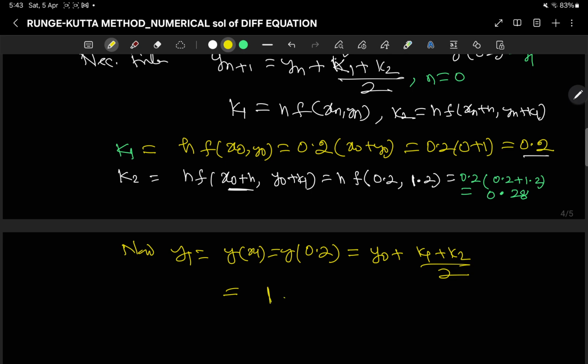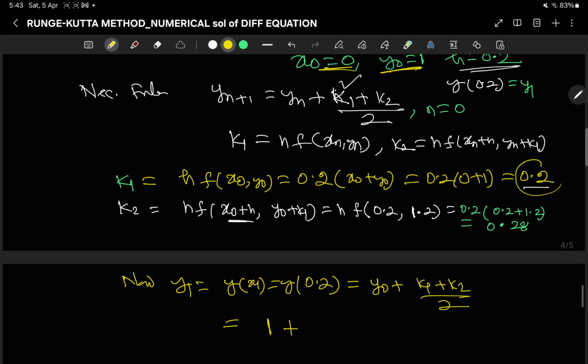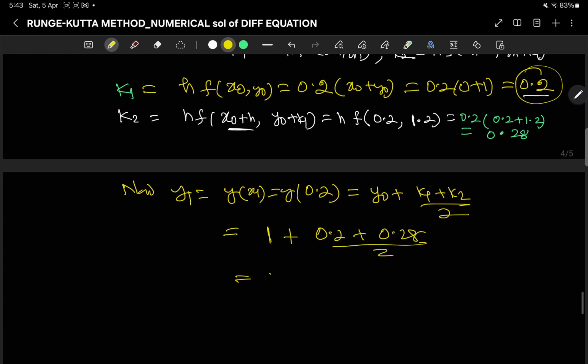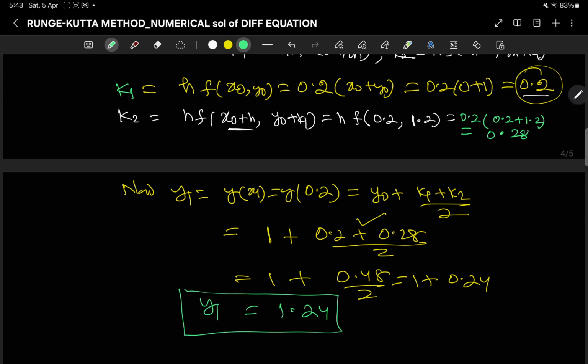And y0 is 1 plus k1 is 0.2 plus 0.28 divided by 2. So this is equal to 1 plus 0.48 divided by 2, which is equal to 1 plus 0.24, and this is equal to 1.24. So your y1 is 1.24.